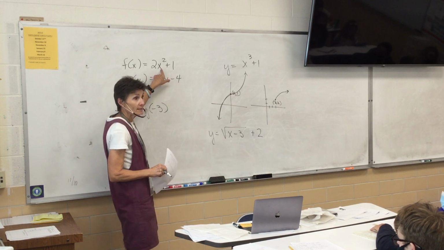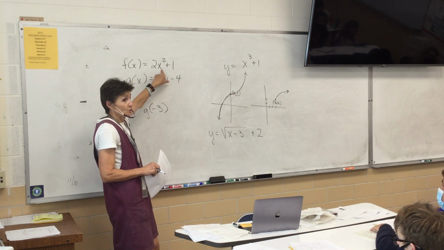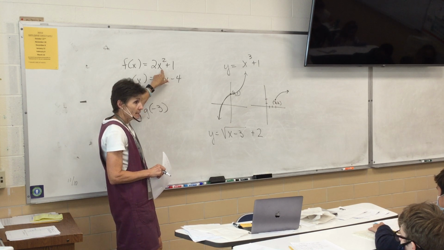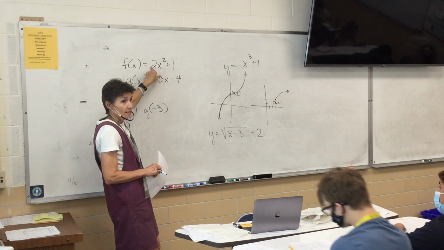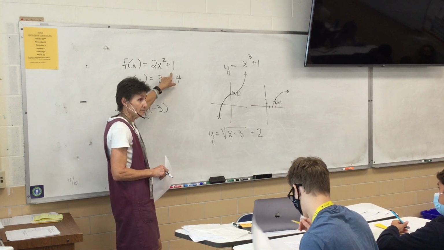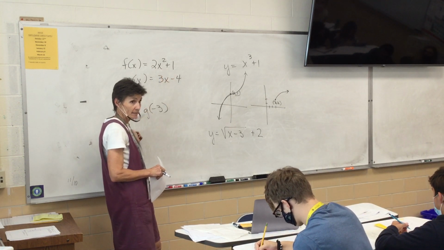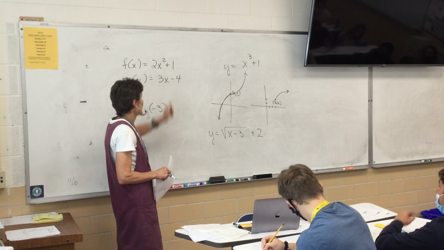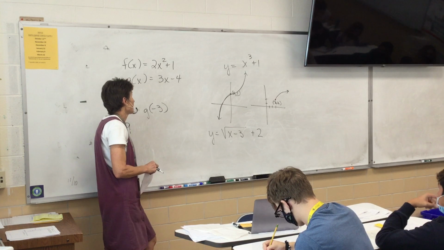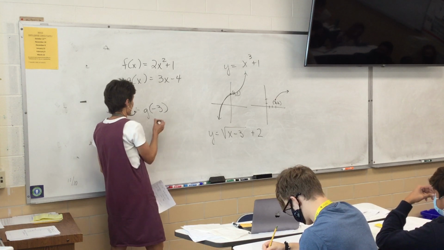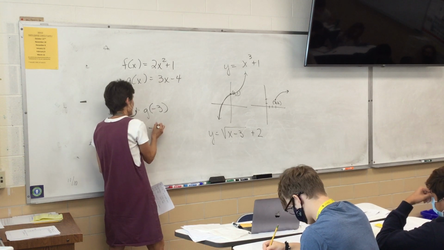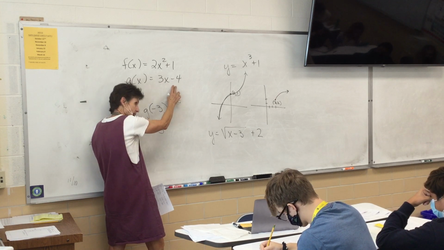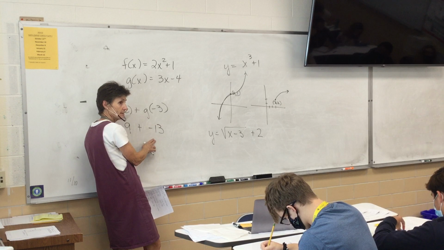How do you get 9? You put 2 in right here. What's 2 squared? 4 times 2 is 8 plus 1. Everybody got 9? What's g of negative 3? Negative 13, because it's negative 9 minus 4, negative 13.